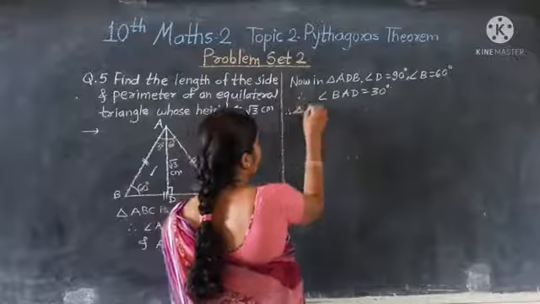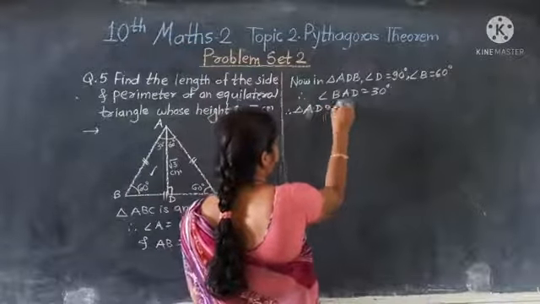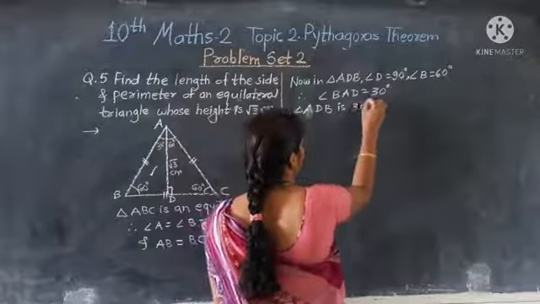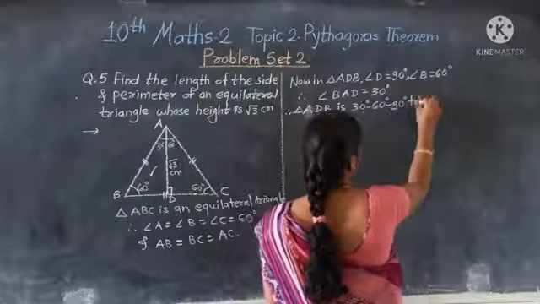Therefore, triangle ADB is a 30 degree, 60 degree, 90 degree triangle. Okay.